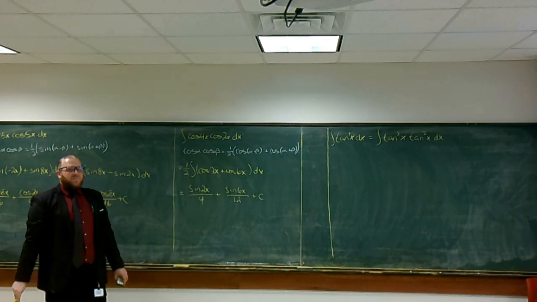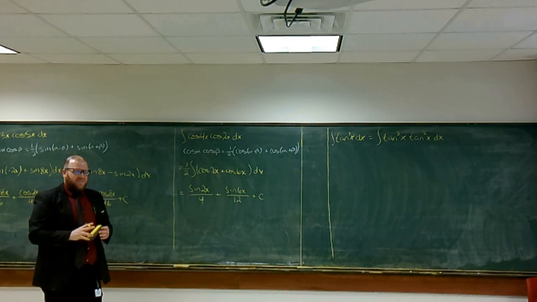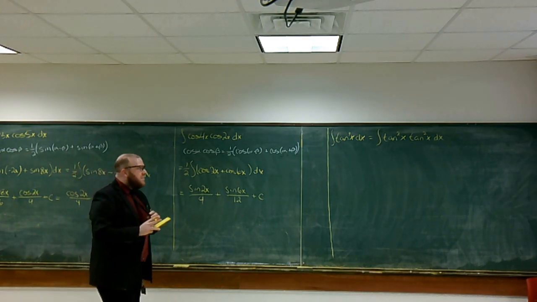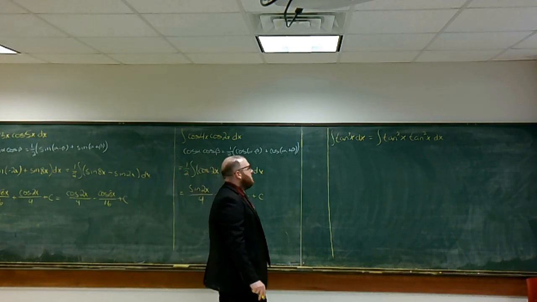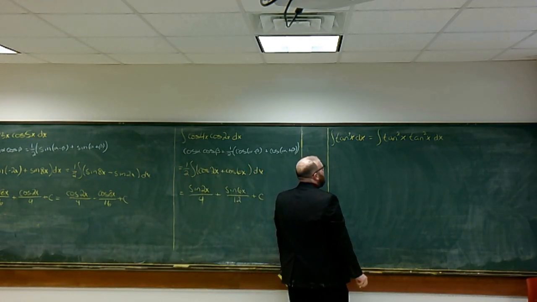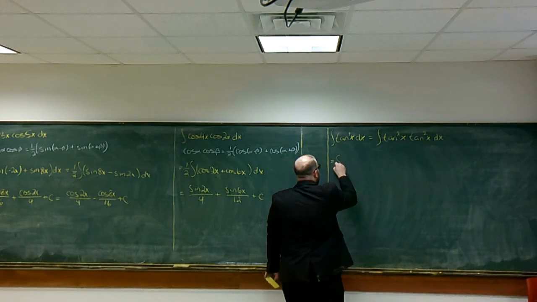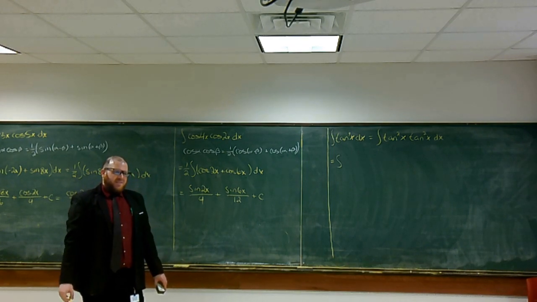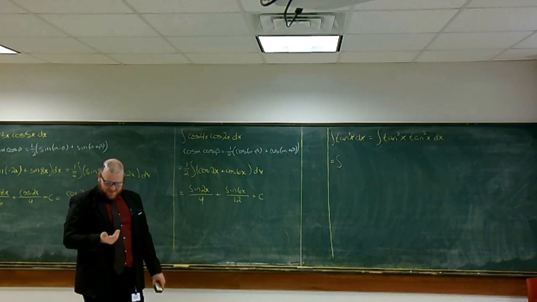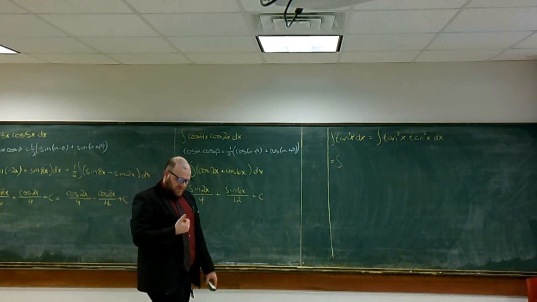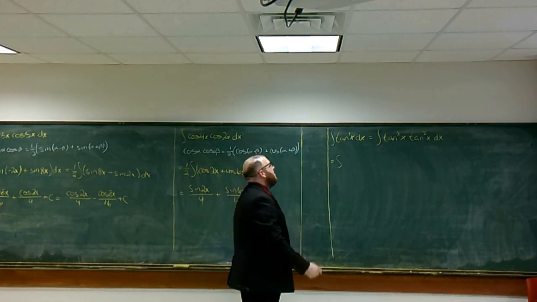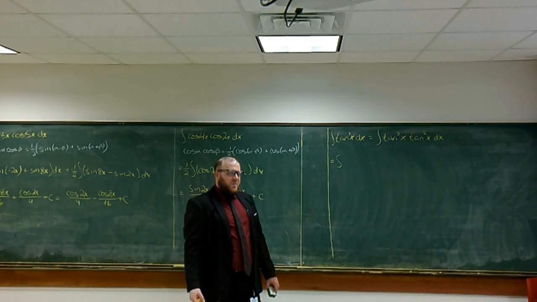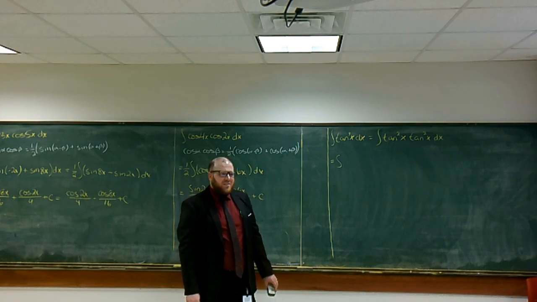Start by writing as tan squared times tan squared. Where do we want to go from here? What is the Pythagorean identity with tangent in it?